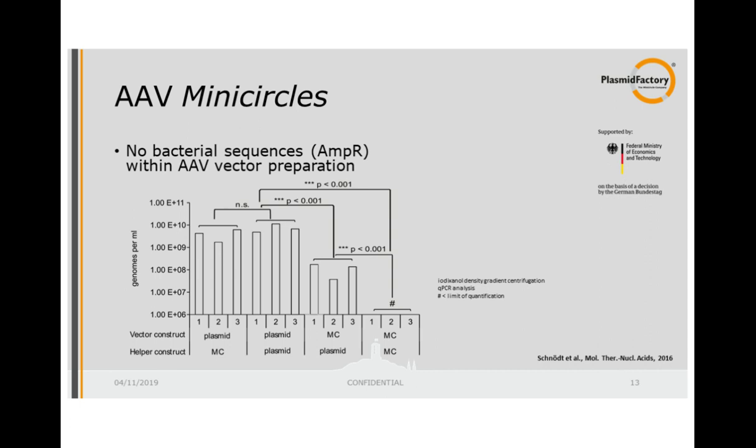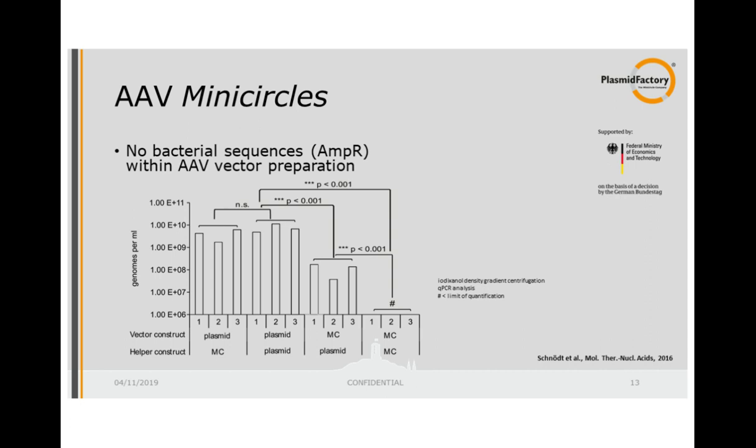And in this overview, you can see that there are different columns, and they all show how many wrongly packaged viral particles we could identify with qPCR.